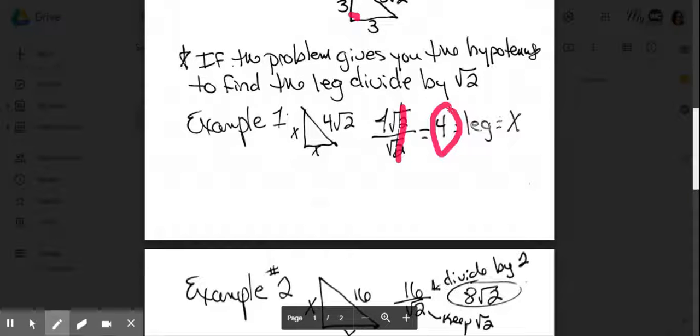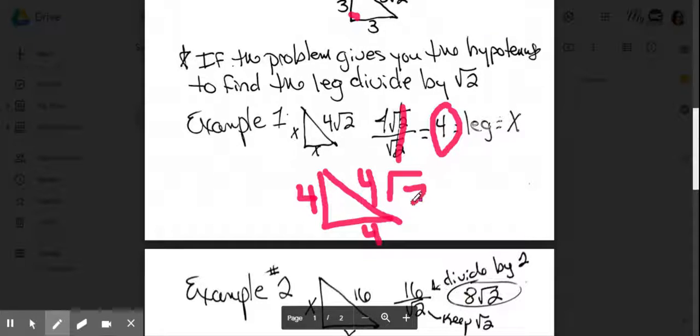So our leg is just 4. So that new triangle is going to look like this: leg is 4, that leg is 4, and our hypotenuse remains 4 square root 2.